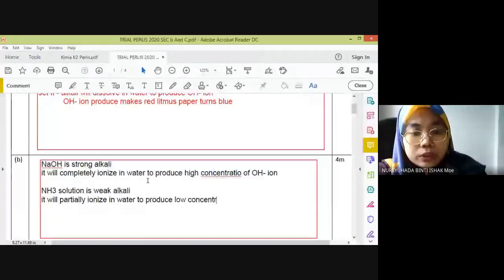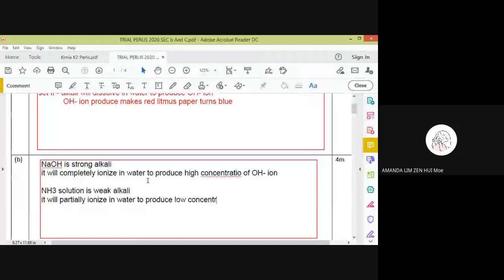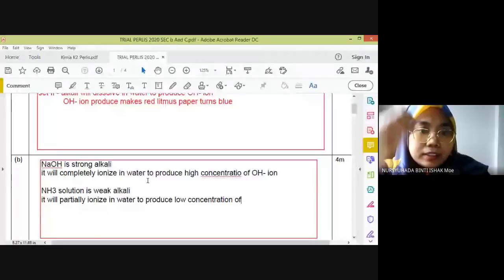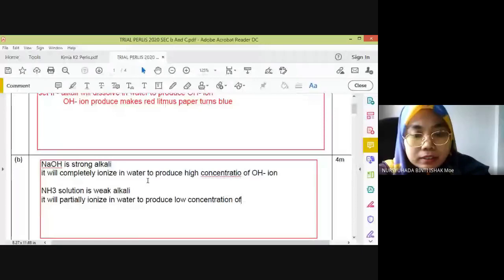It will partially ionize in water to produce low concentrations of hydroxide ion. Cikgu. Oh, okay. Then I see it now. Tadi kita dah tak jumpa what you type. Presentation dah. Dah jumpa dah? Dah. Alright. Boleh nampak tak?